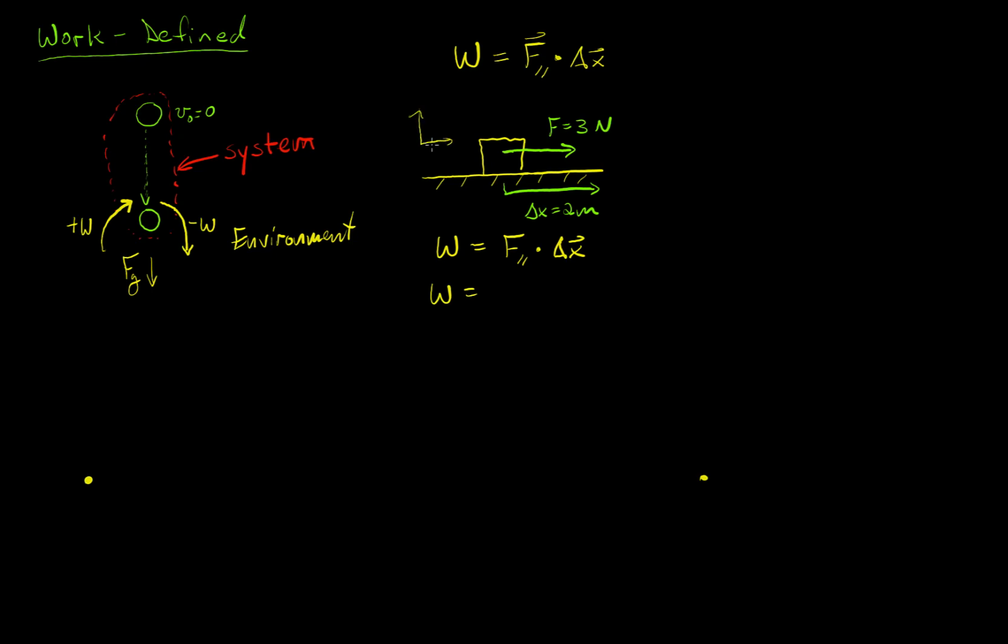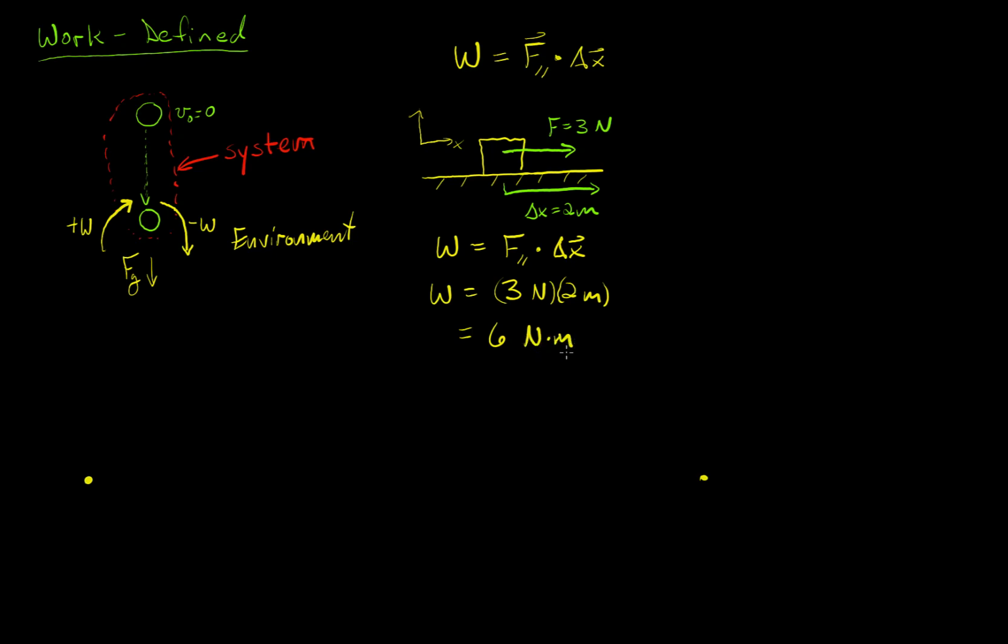Since the box is moving in the x direction, we want the force in the x direction, and all of this force is in the x direction. And so we can just substitute in, and the magnitude would be 3 times the displacement. Let me put some units on that. So that's 3 newtons times 2 meters. So we get 6 newton meters.